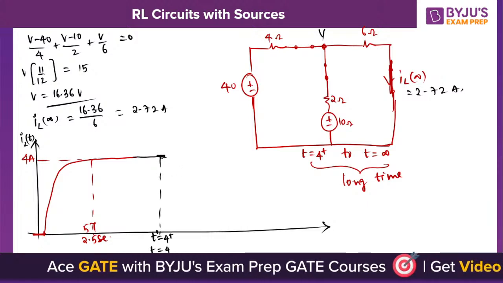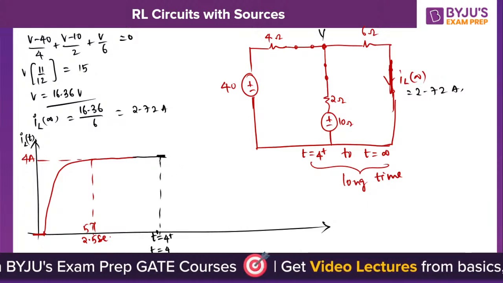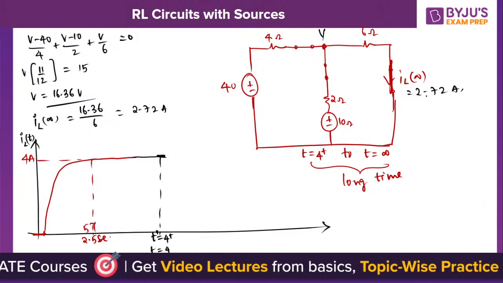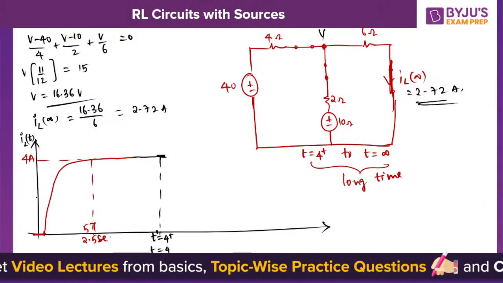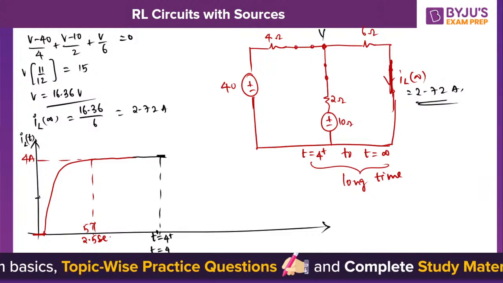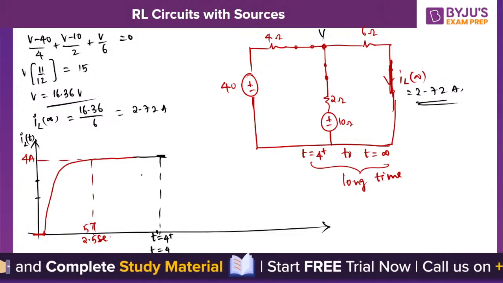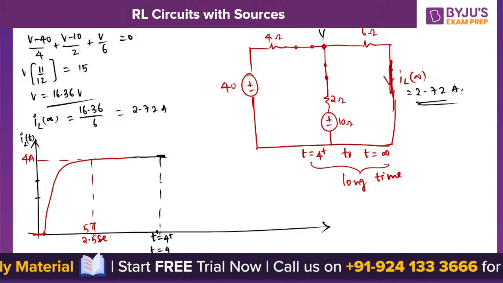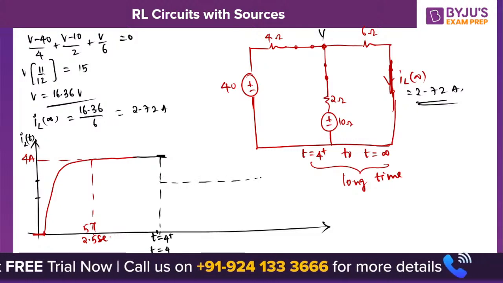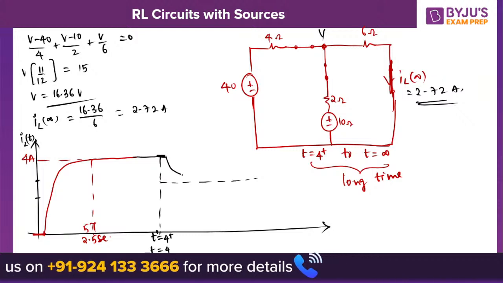Now slowly it is going to happen. The inductor current, initial current, is decaying and the final value has to become 2.72. If this is 2, then 2.72 will be near 3, so probably somewhere here. This is how it decays.